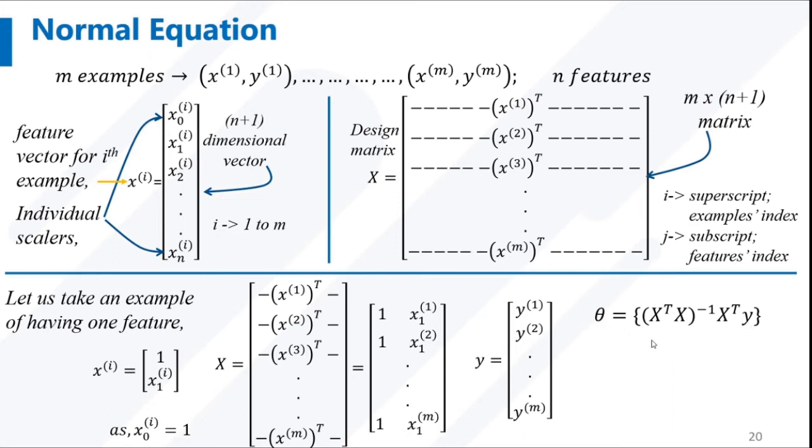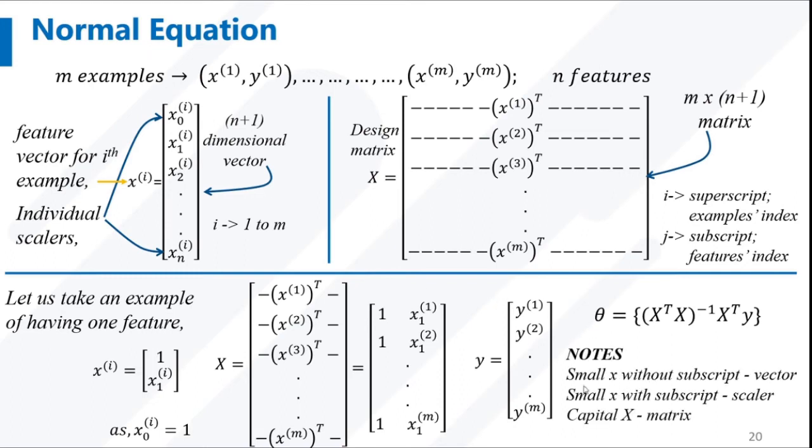So before concluding this slide, let us make a note. You see the small x without subscript, that means this one. Small x without subscript, there is no subscript. This is actually a vector. And small x with a subscript, this one, small x with a superscript will be there, but if there is a subscript in the notation, then it will be a scalar quantity.